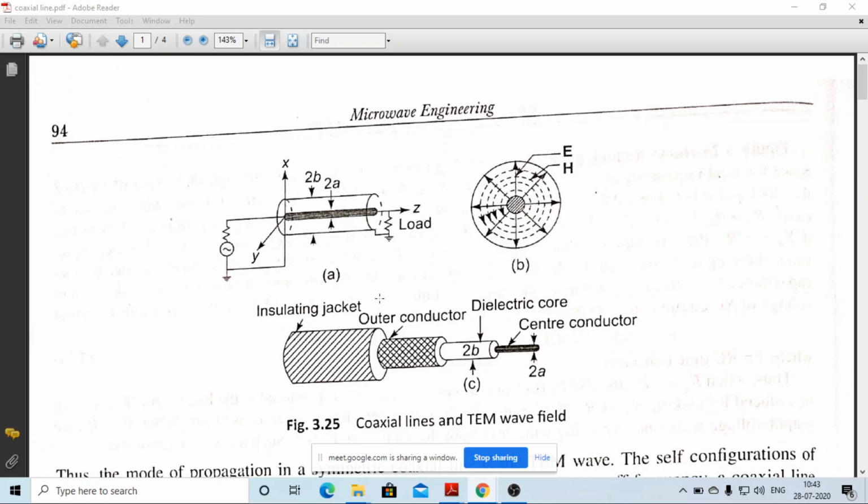But the main disadvantage of this two conductor phone line is that it will radiate energy in a huge manner. As RF current flows through the phone cable, it will radiate energy into the environment.